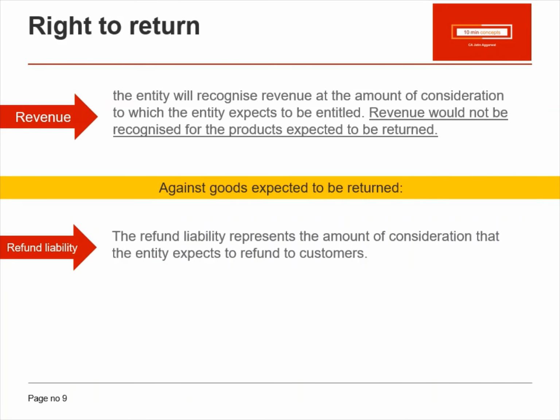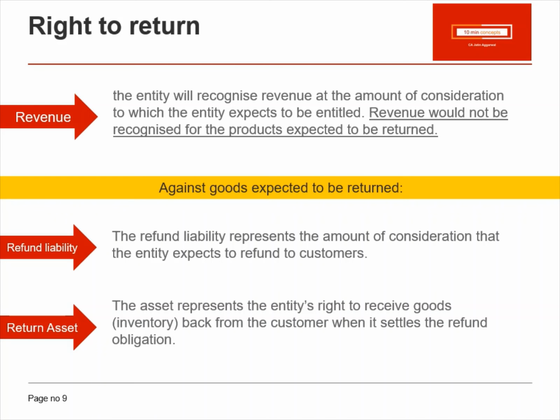Finally, how should we account for this transaction? For goods that are not expected to be returned, entity should record its revenue. But for goods that are expected to be returned, entity, instead of recording revenue, should actually record a refund liability and also a return asset.